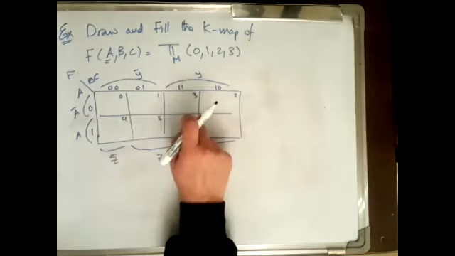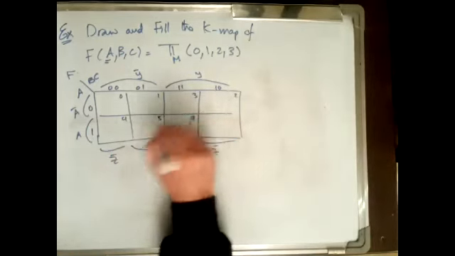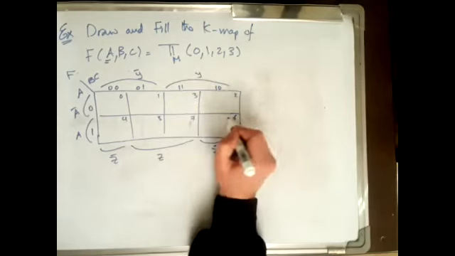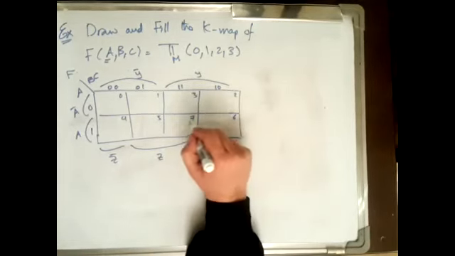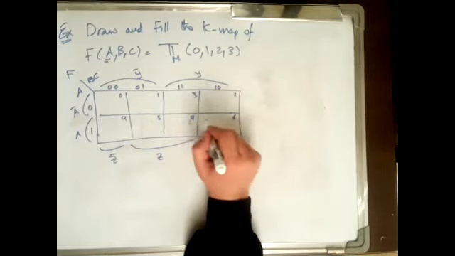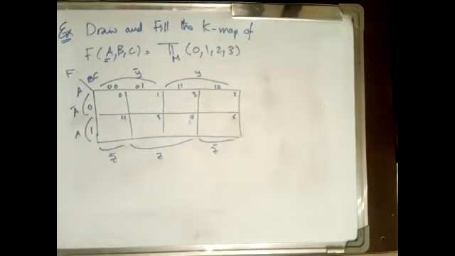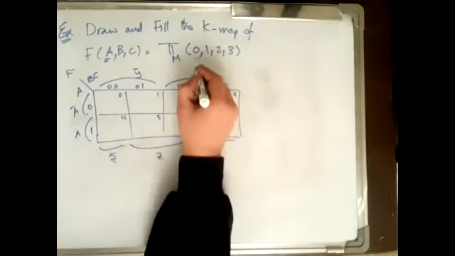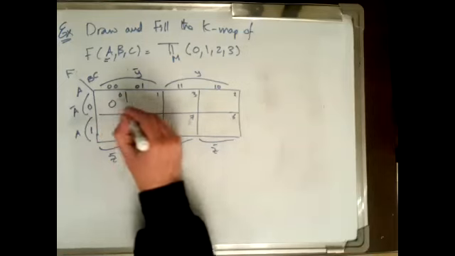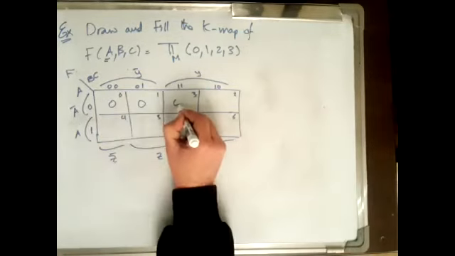You need to jump to get to 6 in order to make every two adjacent squares differ in one variable. So now we have these are the zeros. We can say we have 0 at 0, 0 at 1, 0 at 3, 0 at 2.